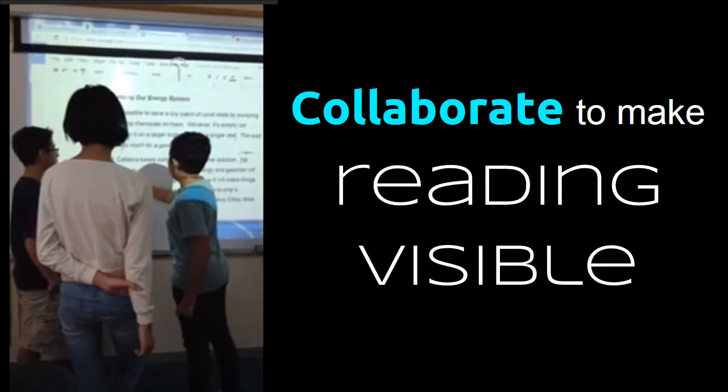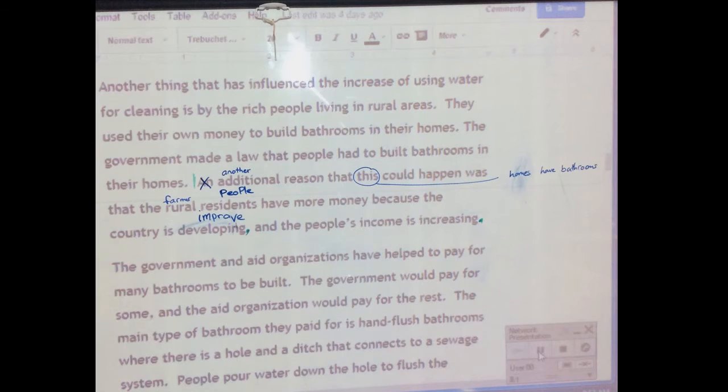These are 3 ELL students in my class. One is from Laos, one is from China, and one is from Guatemala, and they are at different levels of language proficiency, yet they are using this process of visible reading to talk to each other to find the noun, find the verb, and find the detail. And this is a screenshot of them working.